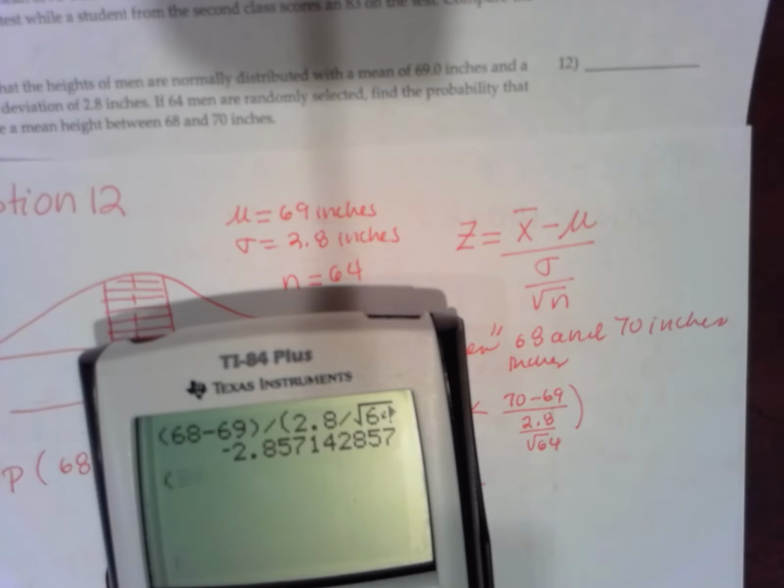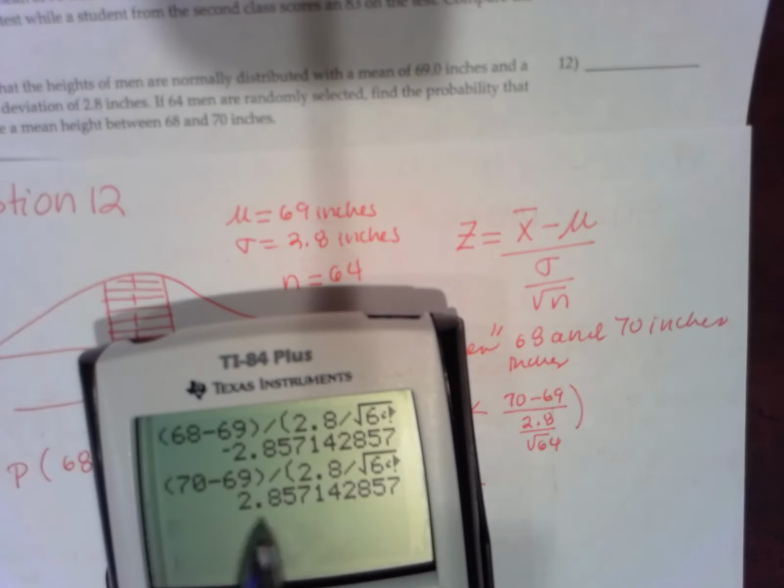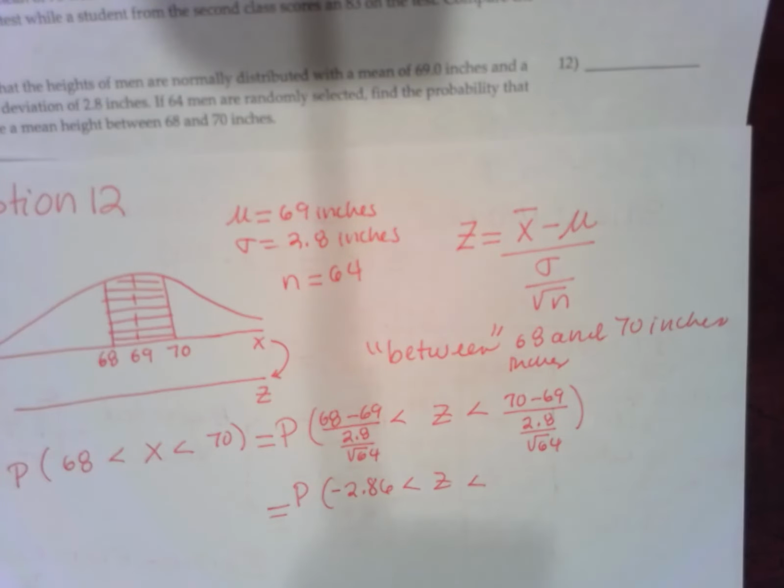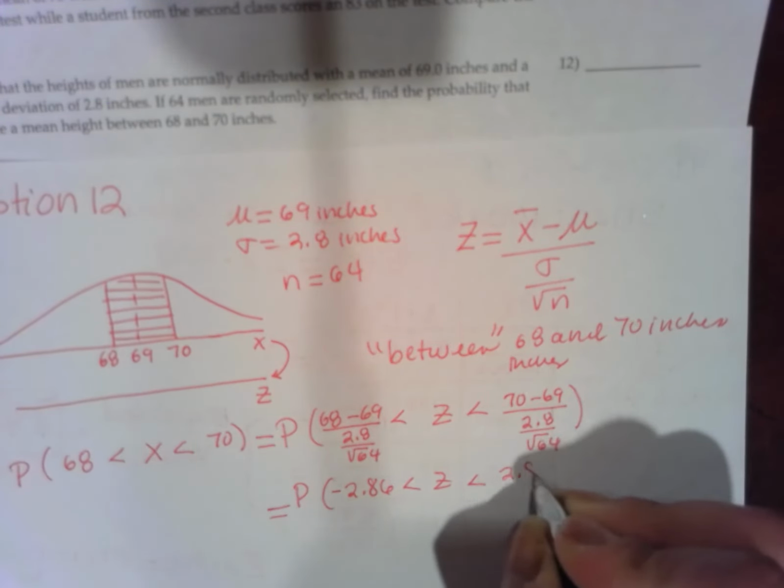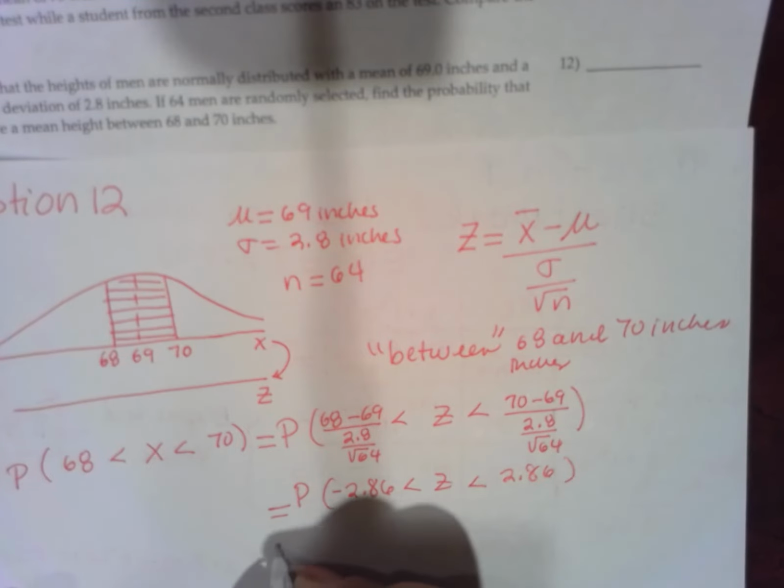So open parentheses, 70 minus 69, divided by, open parentheses, 2.8 divided by the square root of 64, and close the parentheses, enter. Now this Z-score is 2.857, so it's positive 2.86.